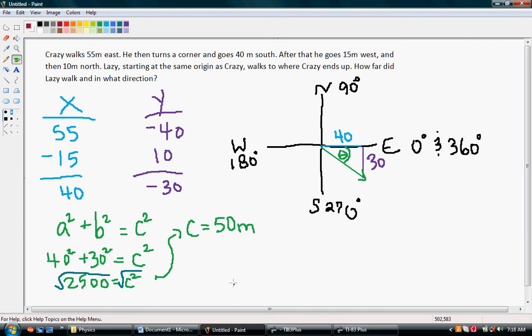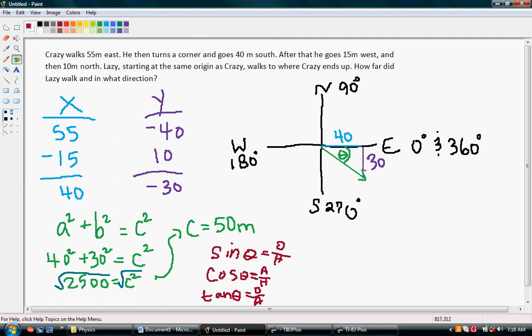We could either use sine theta equals opposite over hypotenuse, or cosine theta equals adjacent over hypotenuse, or tangent theta, which is opposite over adjacent. And we know that since we're trying to find theta, we're going to use the inverse.